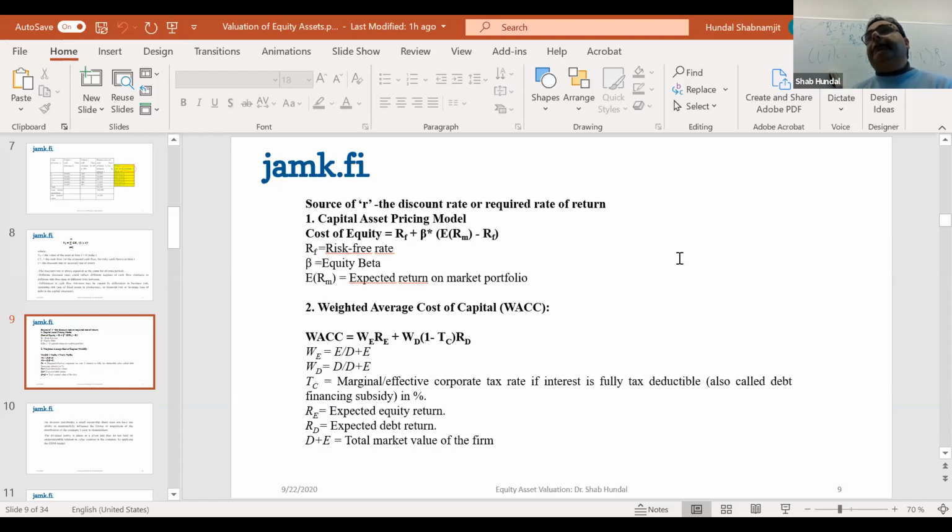Can somebody give me the reason for it? Why do I have 1 minus TC in between? Any idea? Any thoughts? Because debt payments, which is interest, is exempted from tax. Okay, when you're a company, what do you pay first?